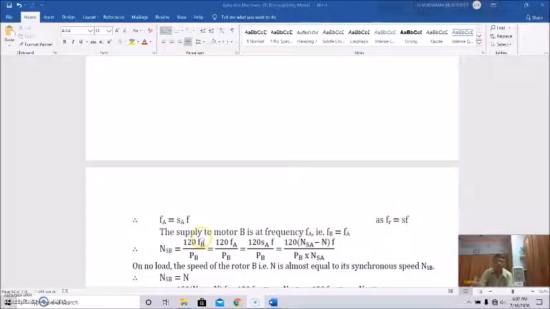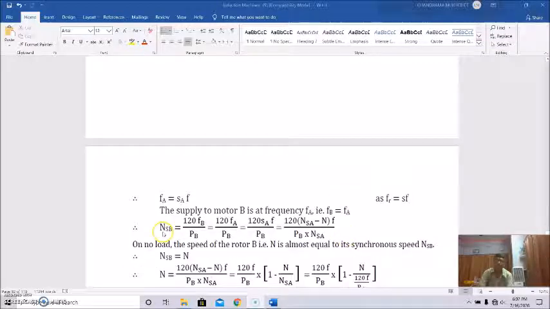The supply frequency of motor B, the auxiliary motor, Fb, is equal to the rotor induced EMF frequency of motor A, the main motor, Fa. So the synchronous speed of the auxiliary motor B is 120Fb/Pb. Putting Fb = Fa, it is 120Fa/Pb. Putting Fa = Sa F, this becomes 120 Sa F/Pb. Now put Sa = (NSA - N)/NSA, so the equation becomes 120 (NSA - N) F/(Pb NSA).